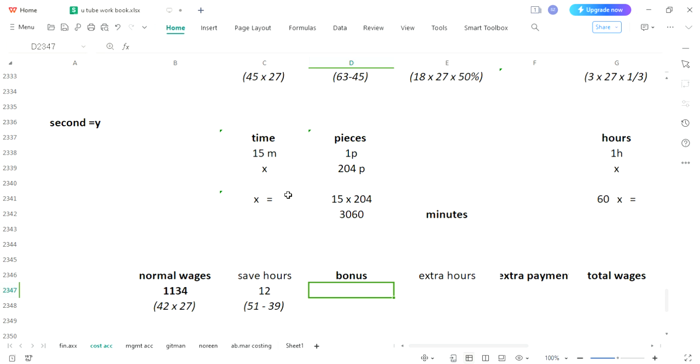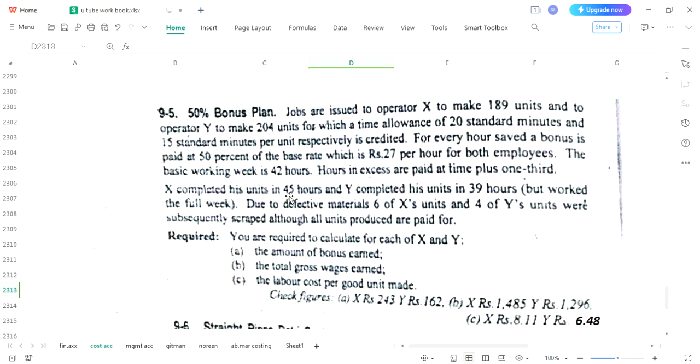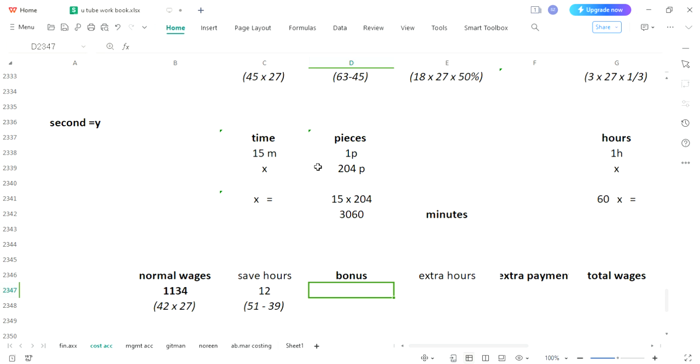Bonus amount, how would you calculate? For that, you will go up and see the bonus. For every hour saved, the bonus is 50%. For this, you will see hours saved are 12, and for every hour you will pay 27, but in this case 50% would be allowed as bonus. 12 multiplied by 27 multiplied by 50%, meaning 50 divided by 100, means 0.5.